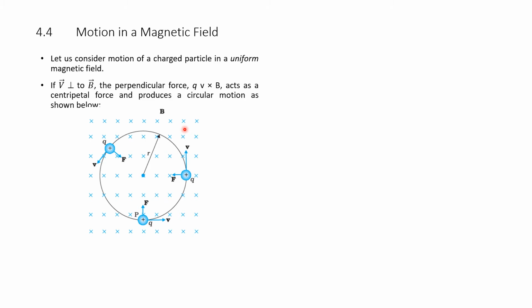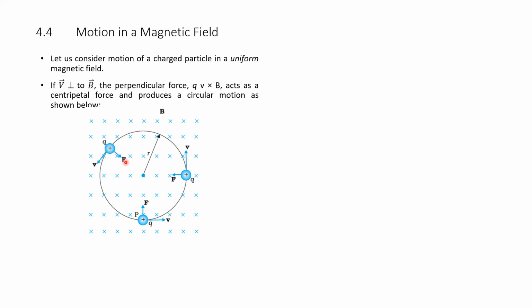The moving charge has a velocity v and there is a magnetic field B. Due to this, a force is produced.